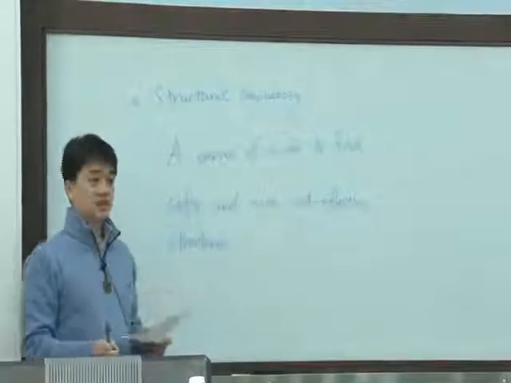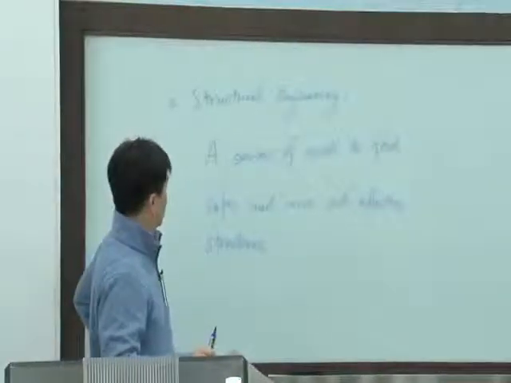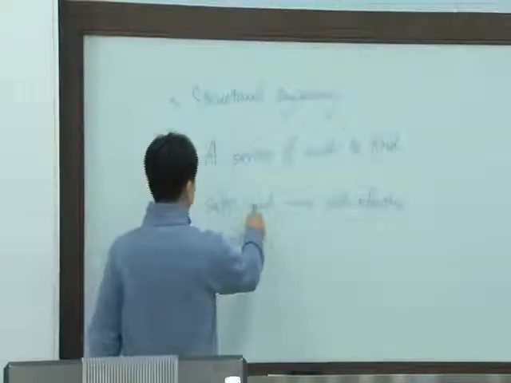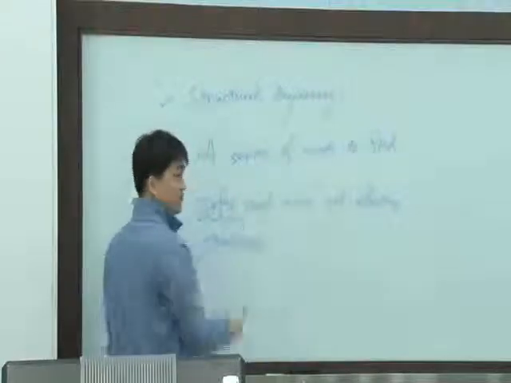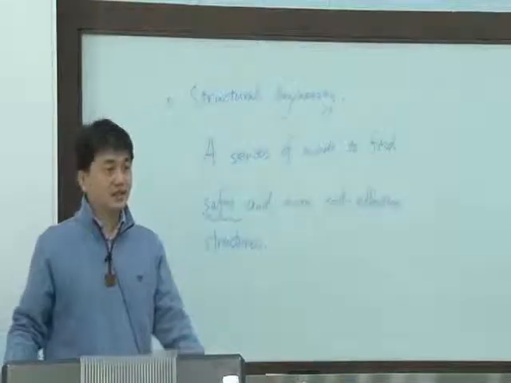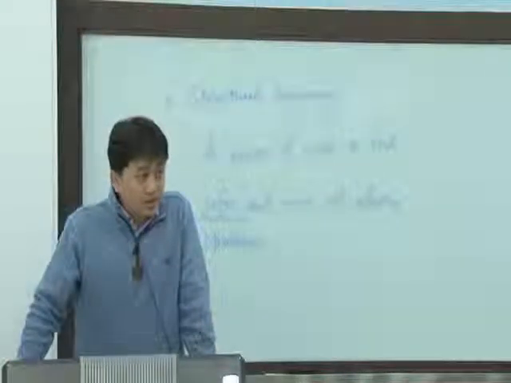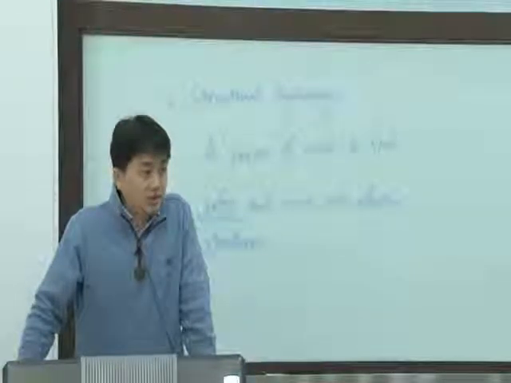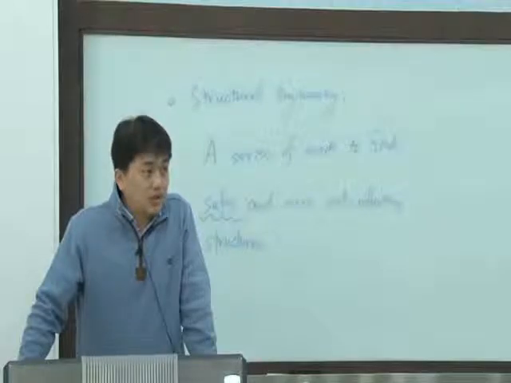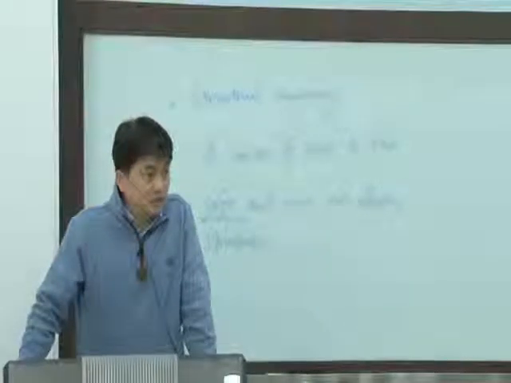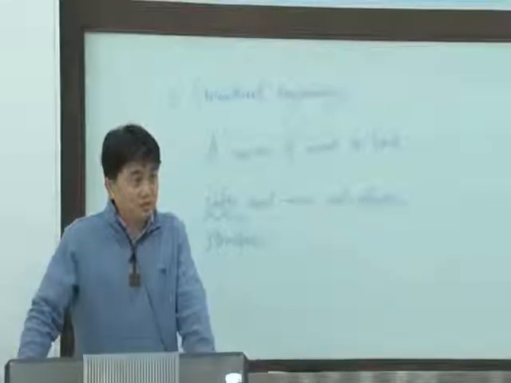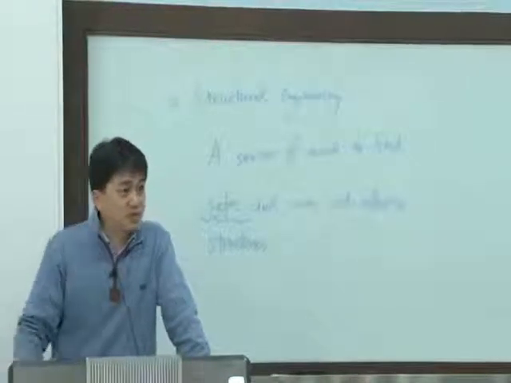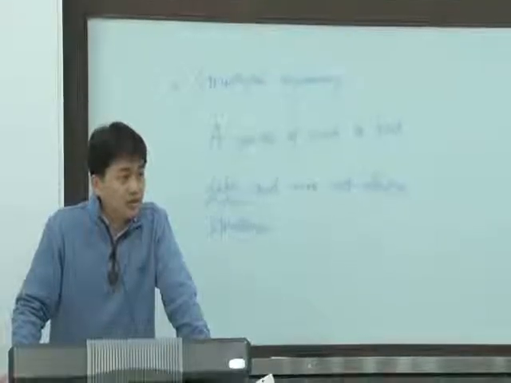In structural engineering, there are very important keywords. The first keyword is safety. Safety is the most important keyword in structural engineering, because we are living in, on, or around structures. If a structure fails, some people can die, right?